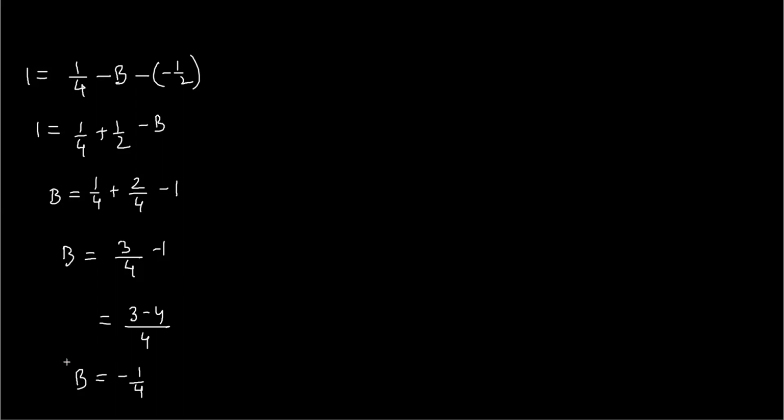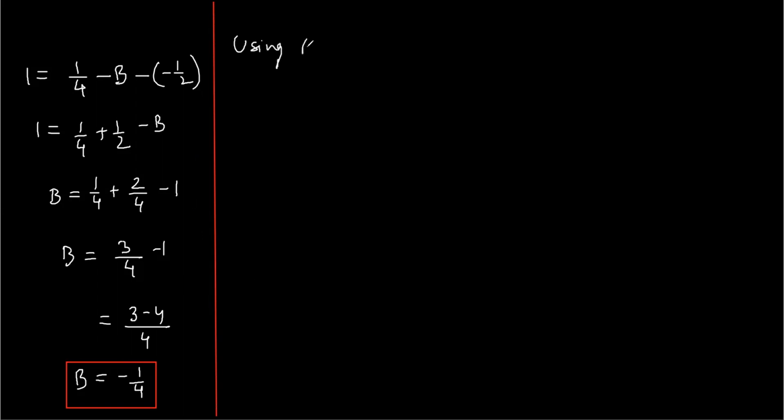Okay. Now, after getting all the three values, you understand what will be the next step. After getting A, B, and C, now what I'll do, I will use A, B, and C in equation 1.